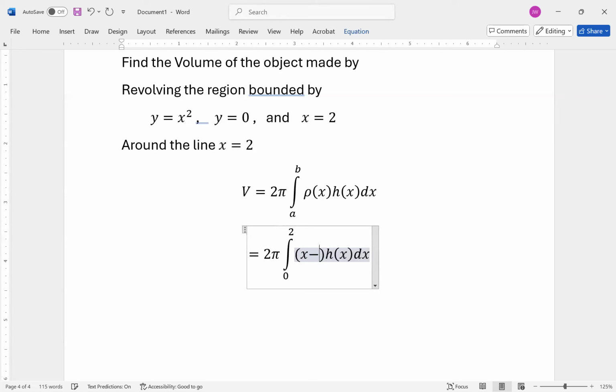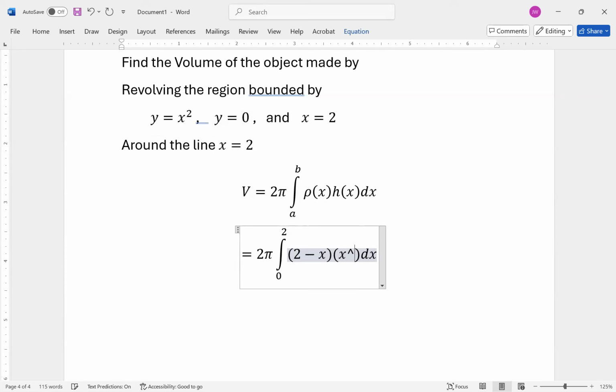I want a positive radius, so I'll do 2 minus x. The height of that rectangle, since I'm interested in integrating with respect to x, the top of that rectangle is x squared, y equals x squared. The bottom of that rectangle is y equals 0.